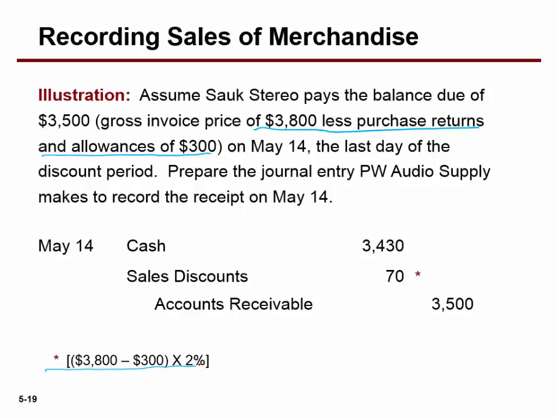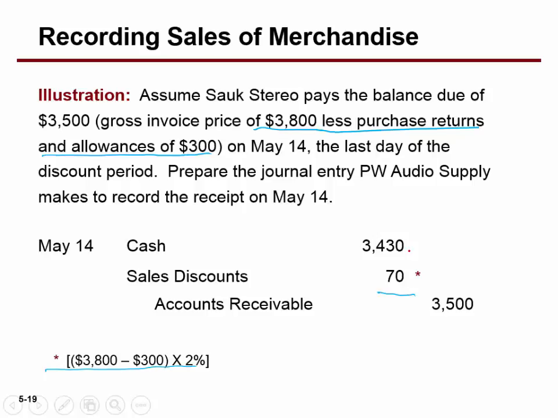The 3,800 minus the 300 that was returned. That's 3,500 times 2%. That's a $70 discount, right? Okay, and so what happens? We debit sales discounts, we debit the cash, and we credit the full receivable, which is now down to 3,500 because we had 300 returned.